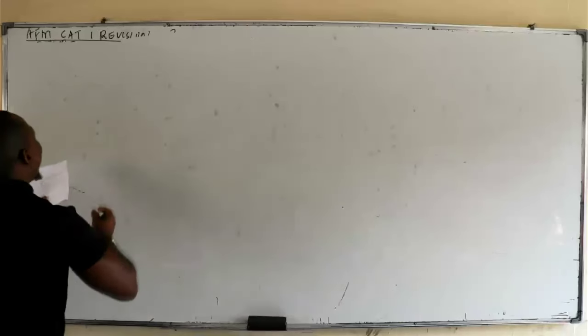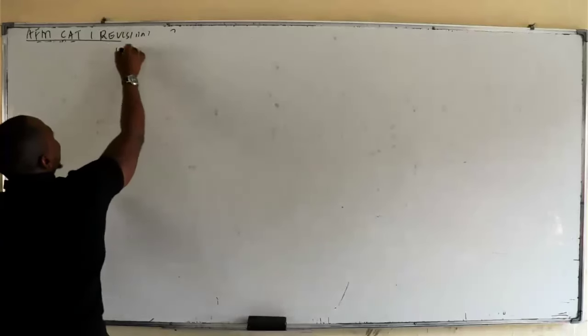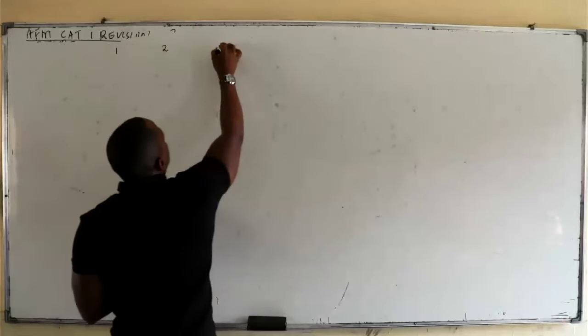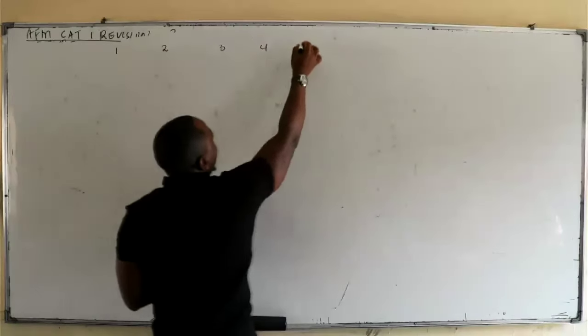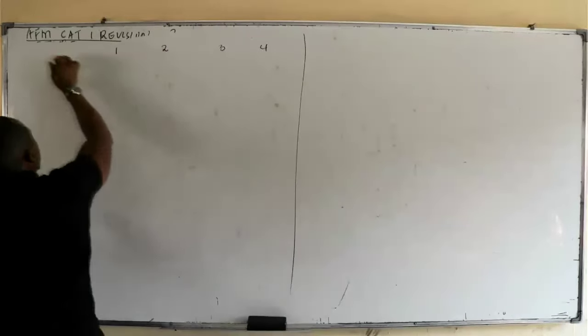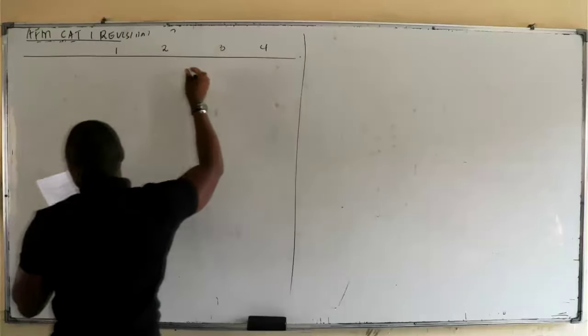Most of them were not able to get that. But when I do it, you'll see it's something that you can be able to solve. It becomes easy. So we have year 1, year 2, year 3, and year 4. And now let's start with the selling price.